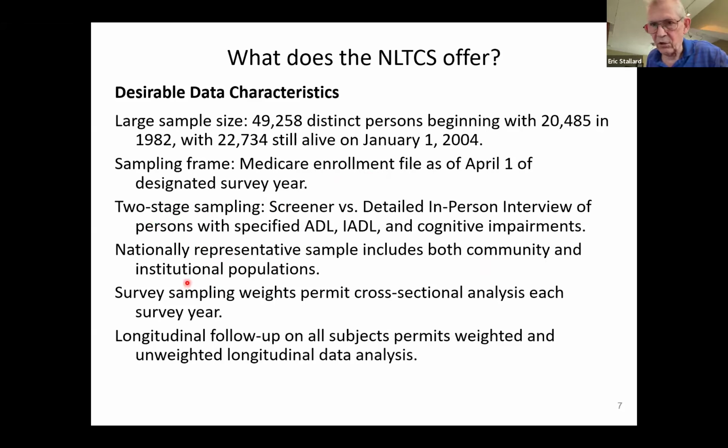That is, it includes everybody who was in the Medicare sampling list. There are survey sampling weights that are provided with the file that permit cross-sectional analysis for each survey year. Longitudinal analysis requires a more complex, nuanced use of weights, and in some cases you don't need to use weights at all.